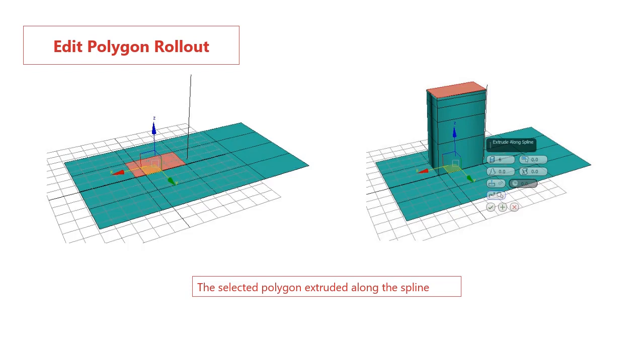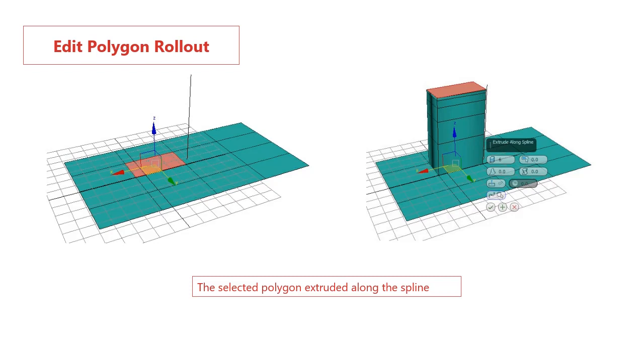The Extrude along Spline button in the Edit Polygons rollout is used to extrude the polygons of an object along the spline in the viewport. To do so, select a polygon of the Editable Poly object in the viewport. Now choose the Settings button on the right side of the Extrude along Spline button.